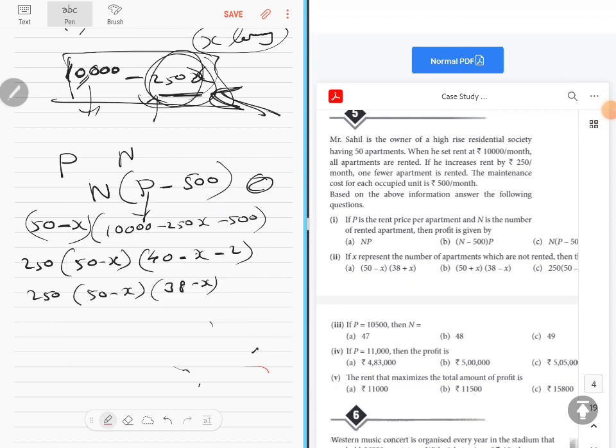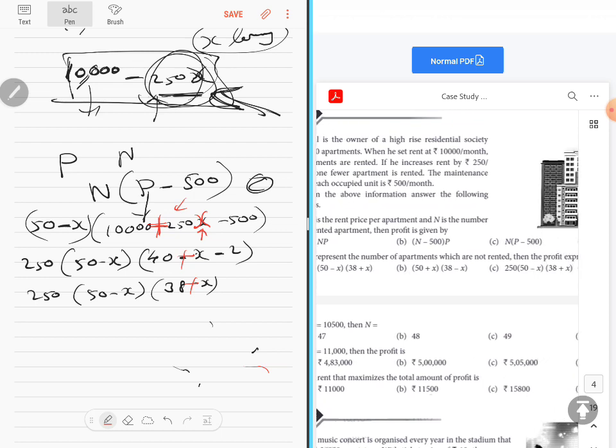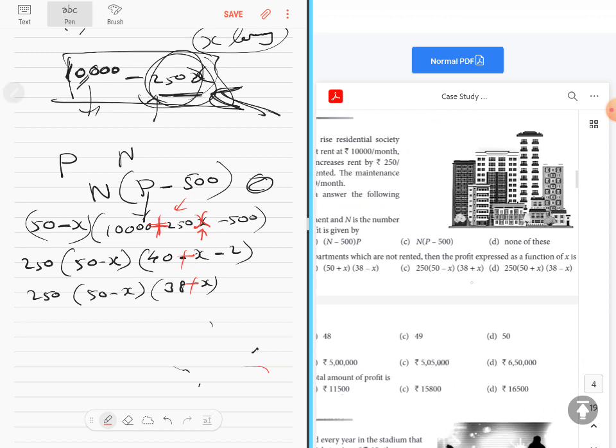It's 10,000 plus 250x. He's increasing the rent by 250 when one person is leaving, and supposing x people have left in x months, one person one month, so 2 plus 250x. Substituting here, this will become 38 plus x. So whatever be the option, 250 into 50 minus x and 38 plus x. So C is the right answer.